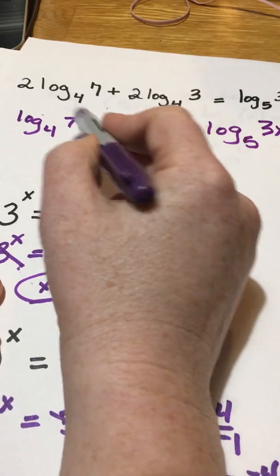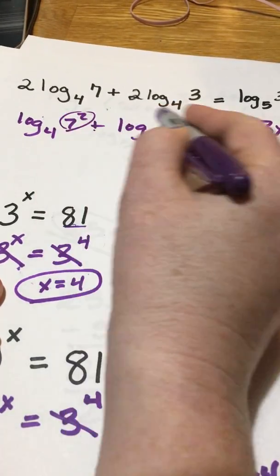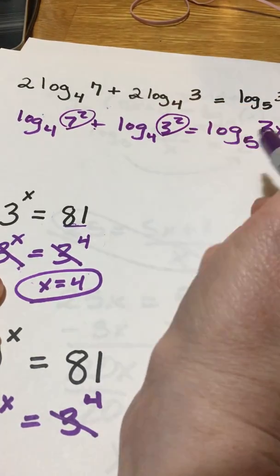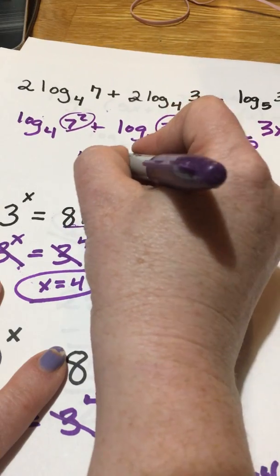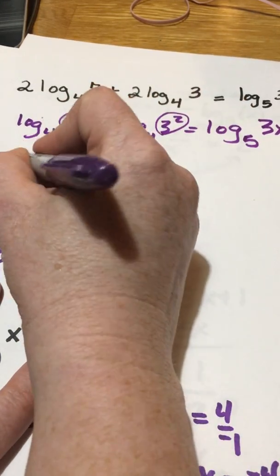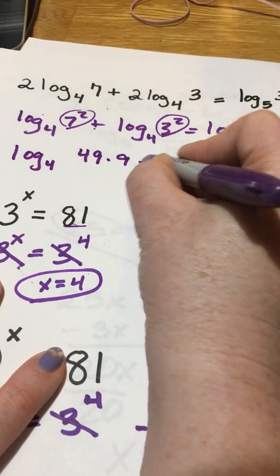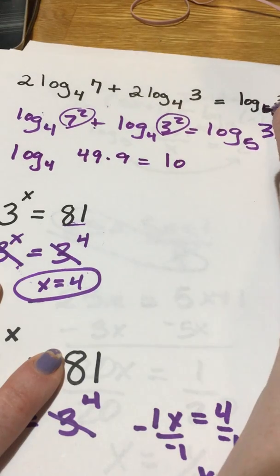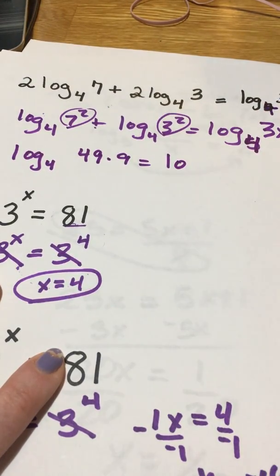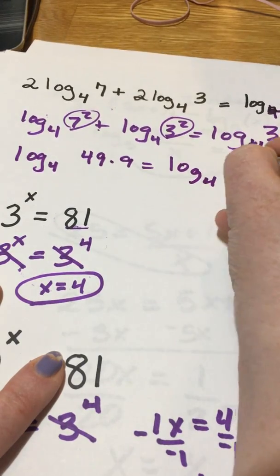Then this plus tells me to multiply. Well, 49 is 7 squared and 9 is 3 squared. So I've got now log base 4 of 49 times 9 equals log base, oh, I see I put a 5. It was meant to be a 4. Let's leave that as a 4. Log base 4 of 3x.